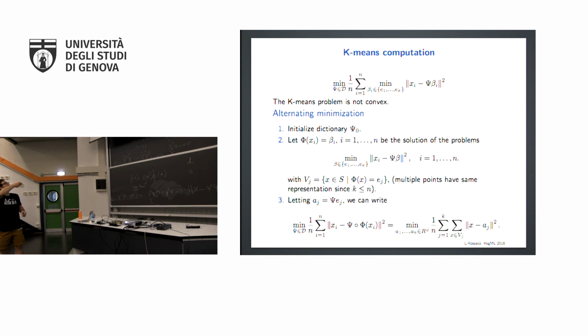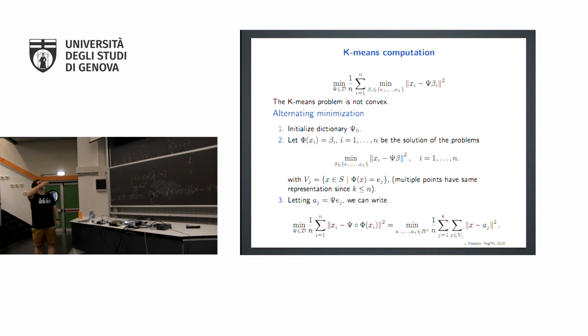As we said, these points are going to be partitioned in the sets Vj, okay? You can rewrite this sum, which is over all points, as the sum over all the partitions, and then the sum over the elements of each partition.